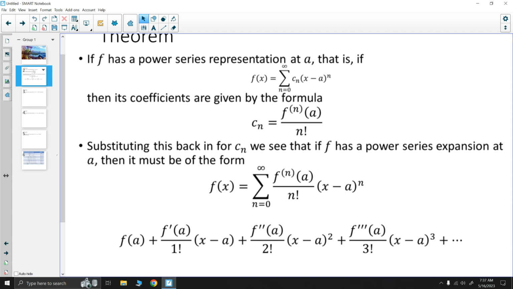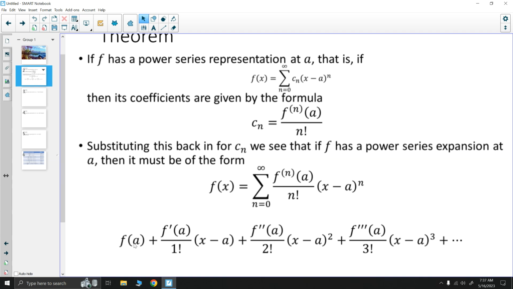Well, actually, we hear Taylor series more often to describe Maclaurin series, but Maclaurin series are specifically power series in this form centered at 0. So instead of x minus a, it's just x, for example. So this series looks like this: a constant, that is f of our center point.